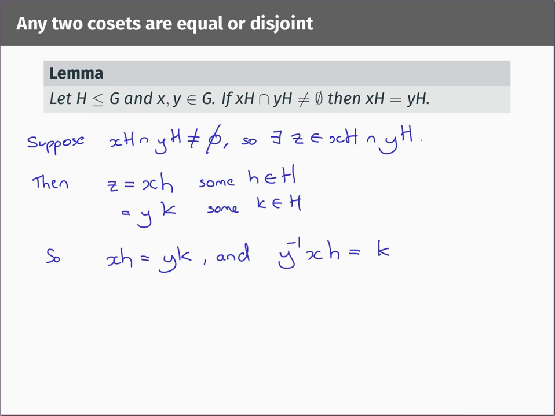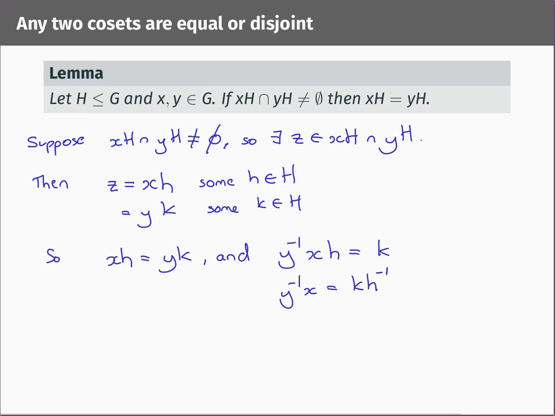Okay, that looks a bit like the coset equality condition from our previous lemma, but not quite, because I've got this h stuck on the left hand side there. So let's get rid of the h, move it over to the right. So we'll now multiply the last equation on the right by the inverse of h. So this time we get kh to the minus 1.